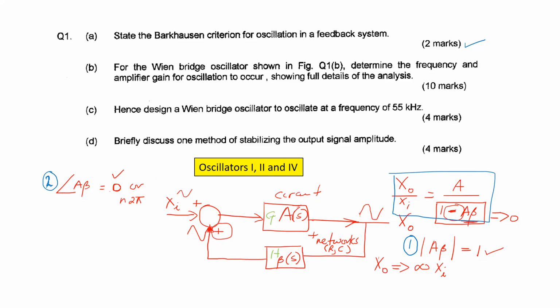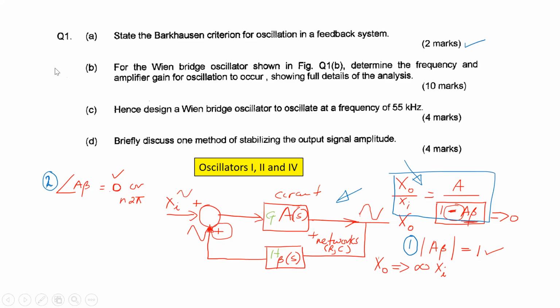All right? There's a very old past paper here, but left to me, I would have given a little more marks here. I would have probably given 5 marks, because I would have liked at least for the answer to have a little drawing, this expression here, and the two requirements for the Barkhausen criterion. Okay.